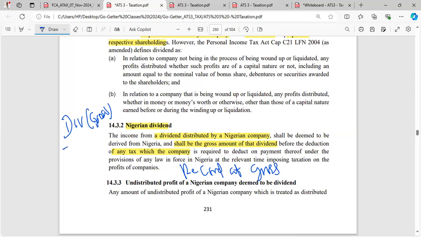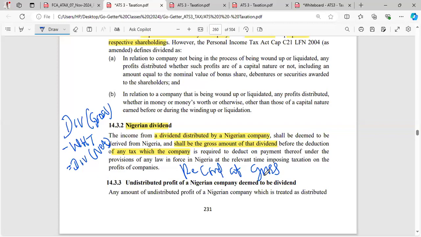They will remove tax called withholding tax, and they will give you net. So even though they give you net, this place is saying that it shall be the gross amount of that dividend before the deduction of any tax. This withholding tax is the tax they are talking about. So when you are recognizing your dividend as a dividend income holder, you will recognize it as gross, even though they have deducted withholding tax.